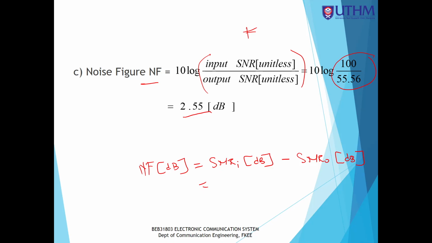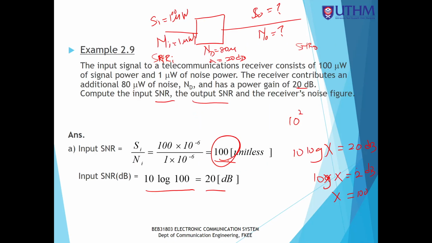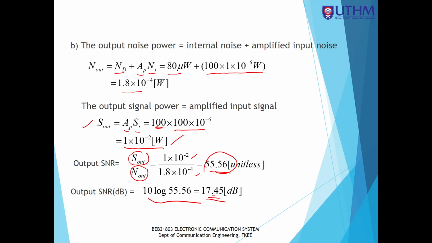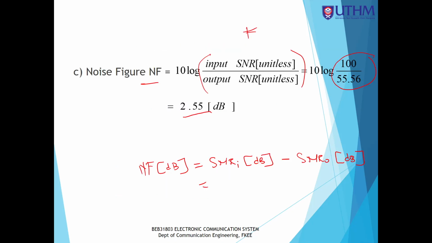So this is equal to 20 minus 17.45, so 2.55.